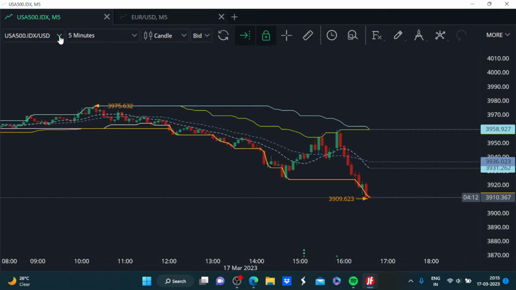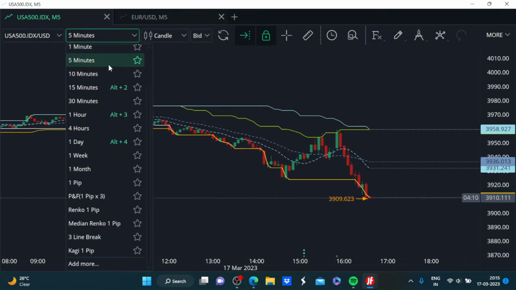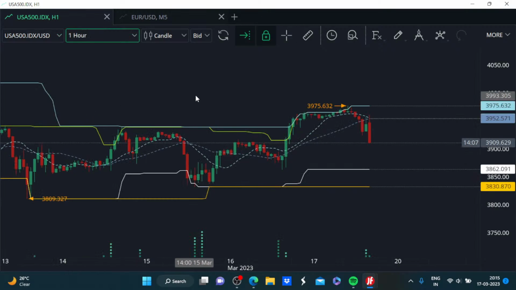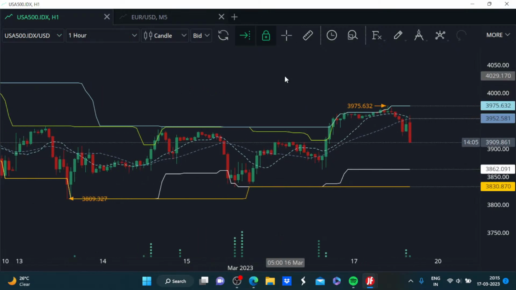Here you can even call it a correction from the medium term outlook, but of course from the intraday perspective it is bearish. So in comparison to the S&P 500, if you want to go for a buy trade whenever things stabilize, the Nasdaq is going to be a better choice. And if you want to continue to trade in a bearish manner, then the S&P 500 is the answer.